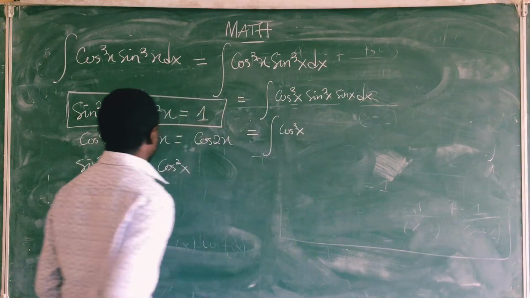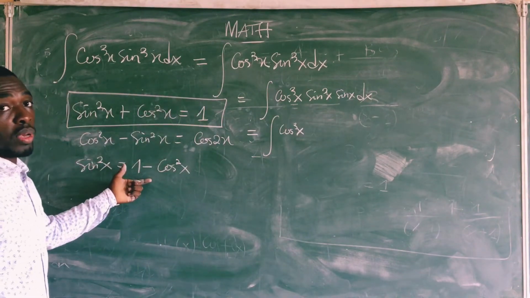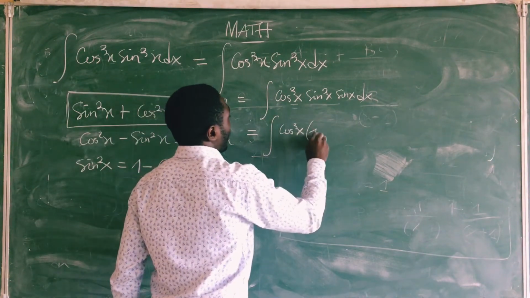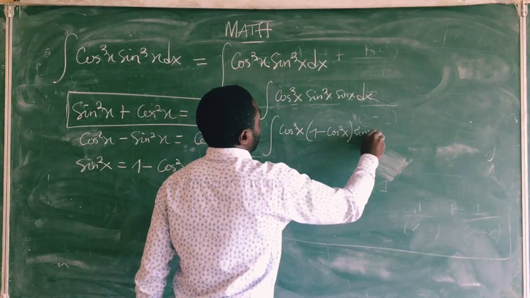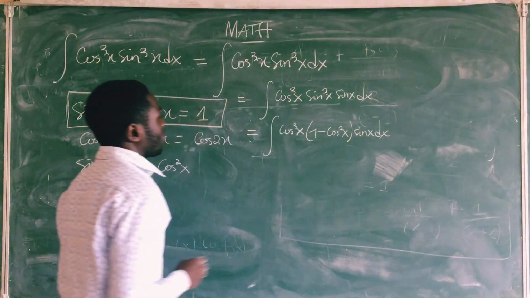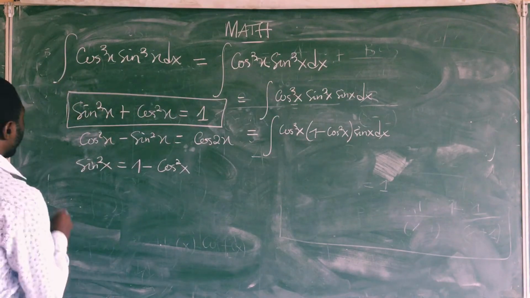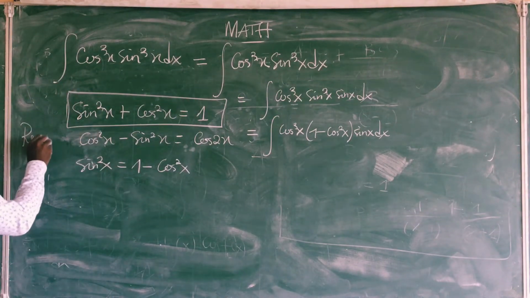In the place of sine squared x, I can replace it with 1 minus cos squared x, so 1 minus cos squared x times sine x dx.